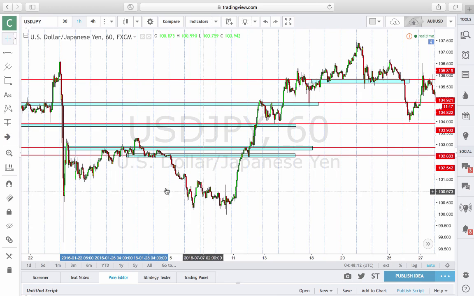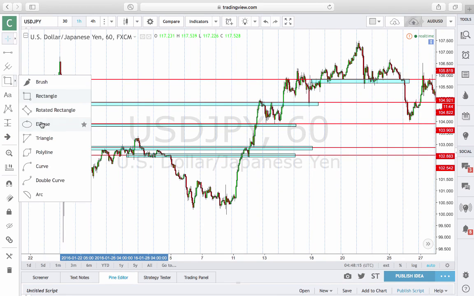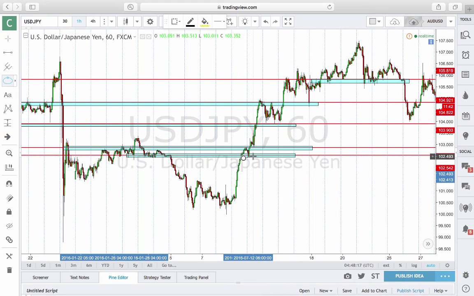Now, we utilize these price reversal zones just for a visual reference, but look closely, guys. You can see how price reversed in every single one of these price reversal zones, because you're waiting for price to test it.